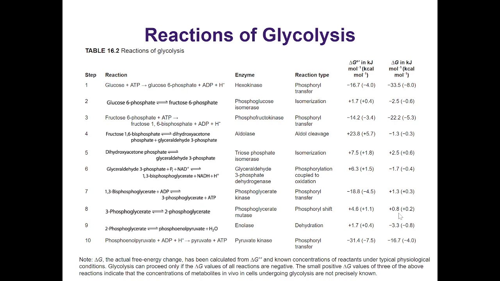They have very, very small delta G's. And this step right here is using up this one's product, and making it is using up this one's product, etc. Those are pushing those equilibriums through. And vice versa, this making product is building up reactant, and so it's helping to push these equilibriums. Okay?